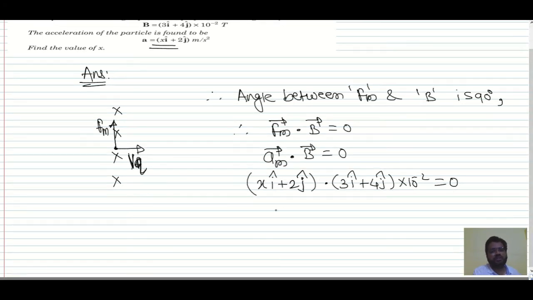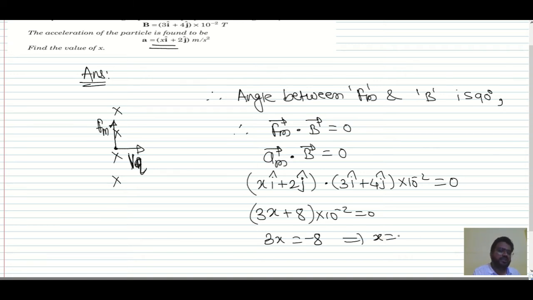Now if you take the dot product, you will get 3x plus 8 times 10 to the power minus 2 is equal to 0. So this 10 to the power minus 2 will go to the other side, and we'll have 3x equal to minus 8. So what is the value of x then? It is minus 8 divided by 3.